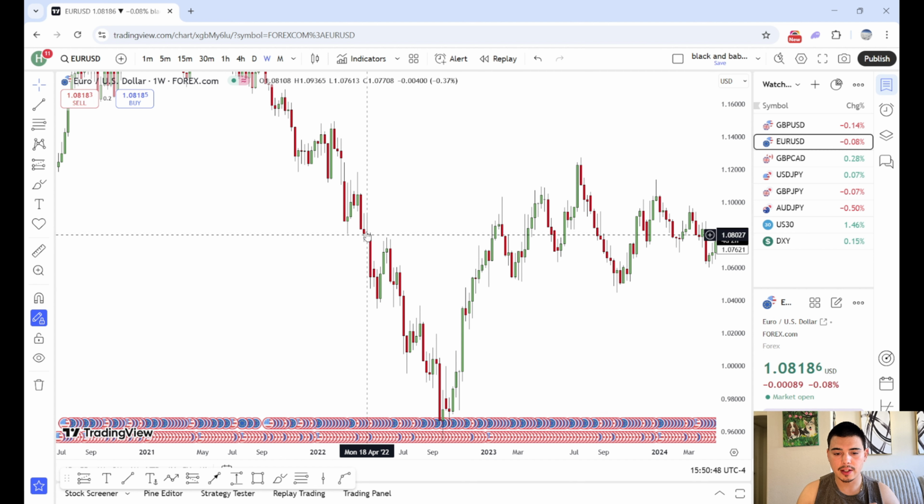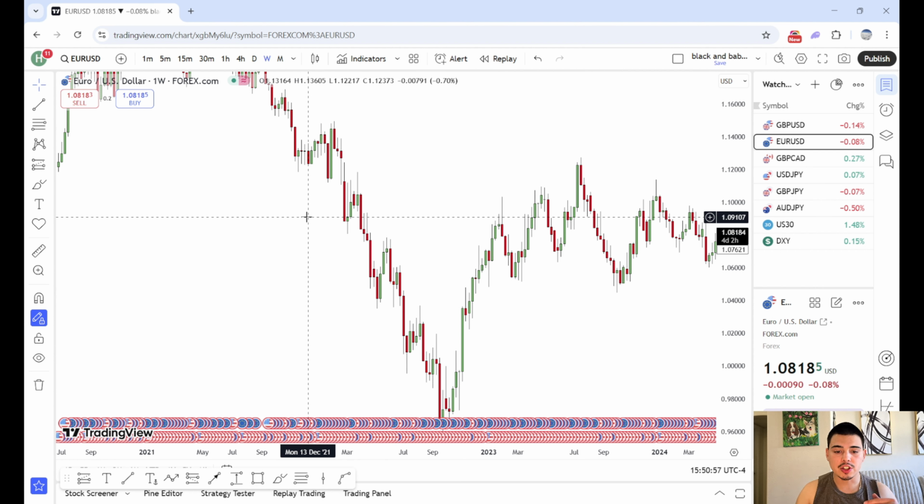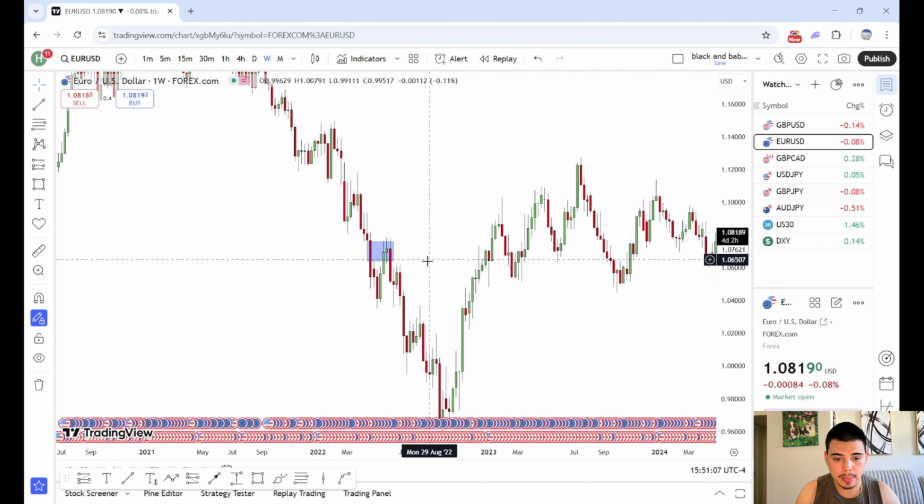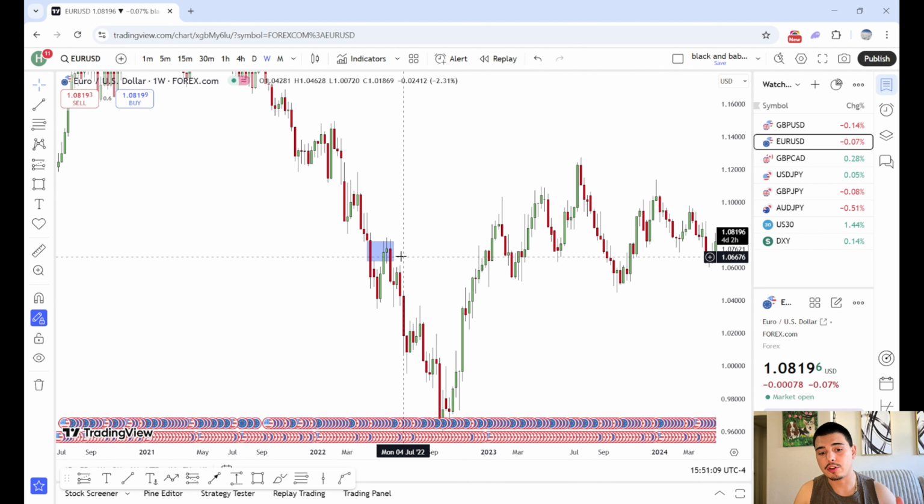You could kind of take the second one out of the idea and focus on the first and the third, right? So the wicks of the third one and the first one overlap each other. But look in this scenario, the first, second, and third one right here, the wicks don't necessarily overlap. Instead, they create a gap. This is called a fair value gap, okay?